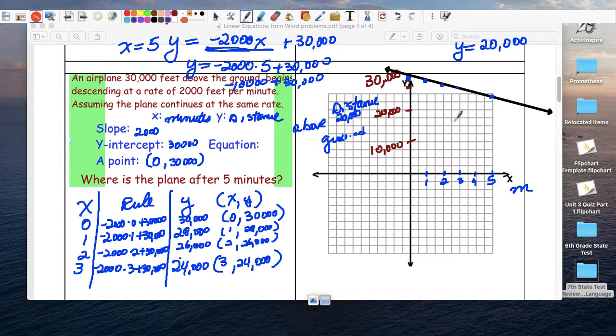It's a little better. Okay, so I'm not too worried about that. As long as you sort of get that, we're okay. Right? And then obviously we gotta label this line y equals negative 2,000 x plus 30,000.